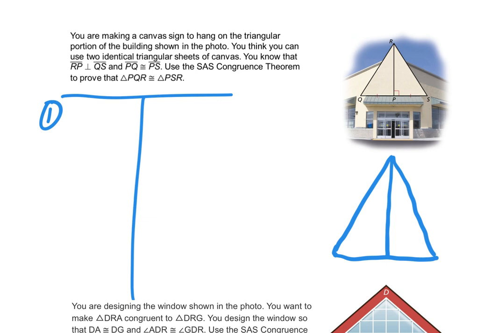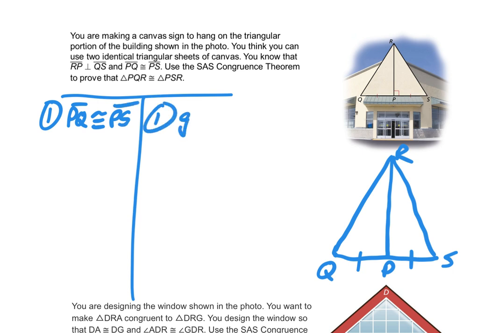Okay, given information. We know that PQ and PS are congruent. We also know that RP is perpendicular to QS.